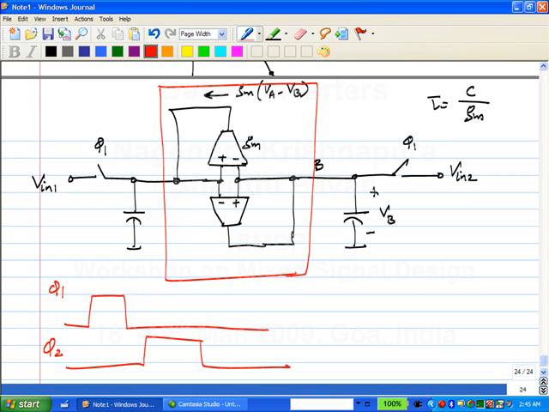So in other words, these voltage controlled current sources are controlled by this symbol. I mean that these things act like voltage controlled current sources only during this phase phi 2. Okay? Is that clear?